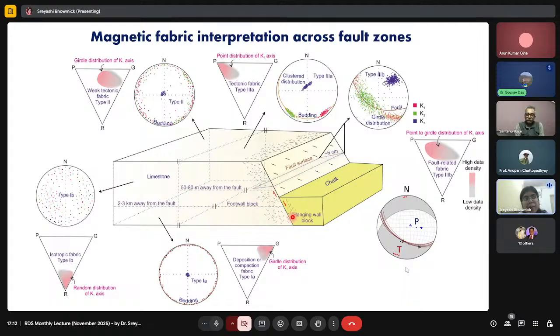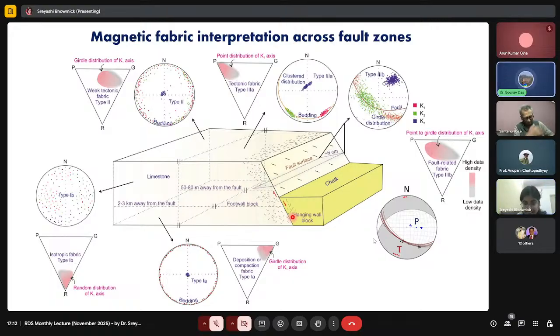So if you are able to collect a sample exactly from the fault surface, then you might get a fabric if there has not been any overprinting. So in our case, because this is Miocene faulting, we did not have any overprinting. So we were pretty sure that we will get the fault related fabric. But in case of Chitradurga, there can be overprinting. So it is very tricky, but there is always an option of trying.